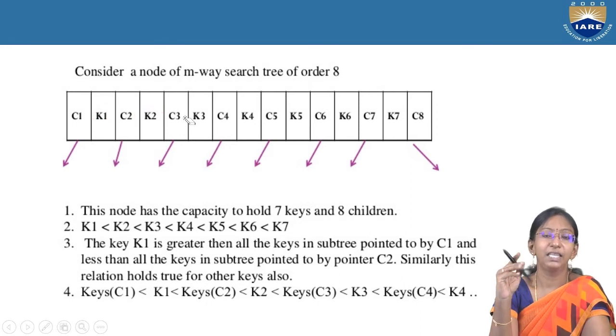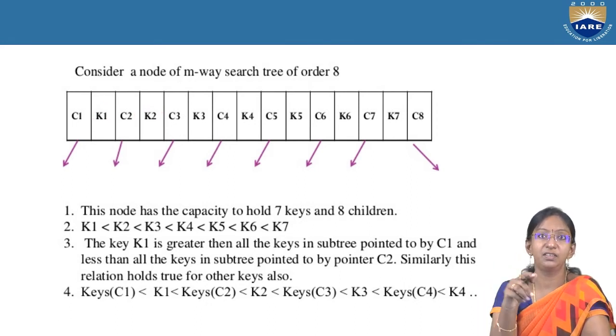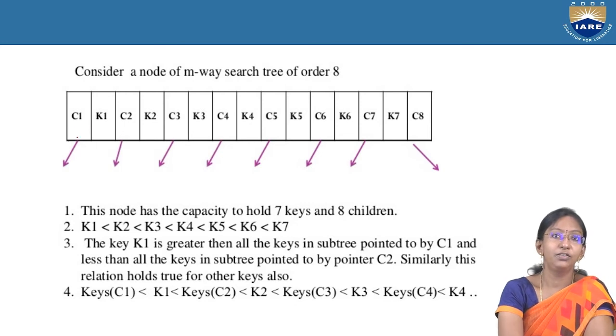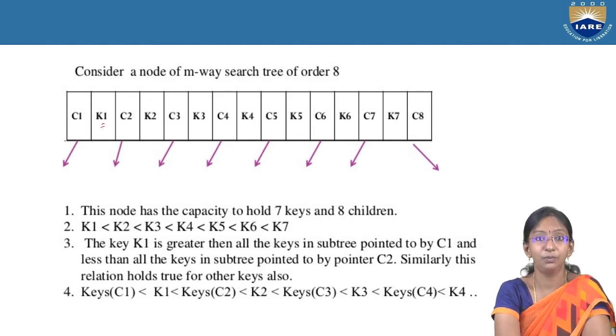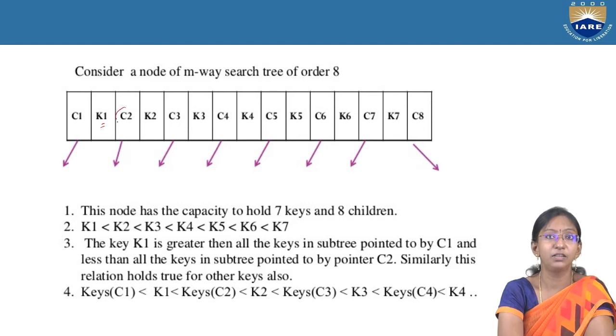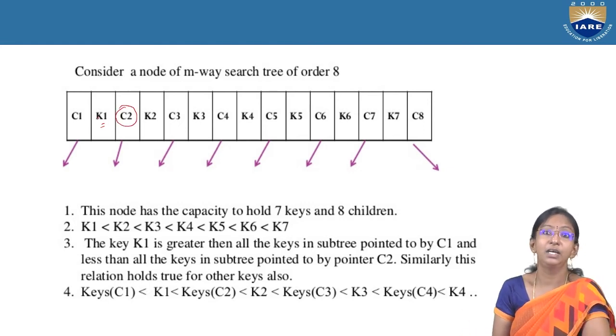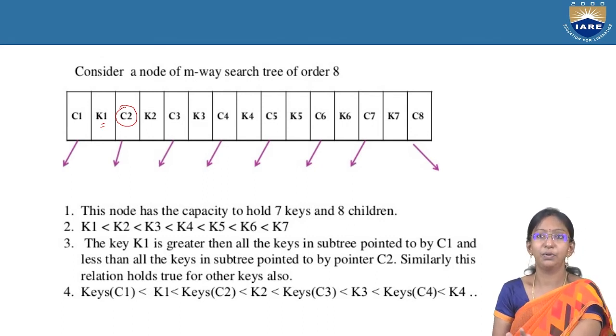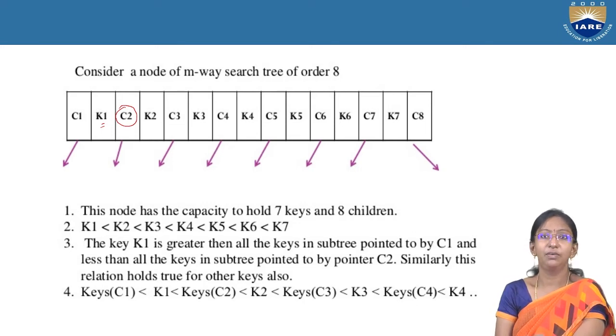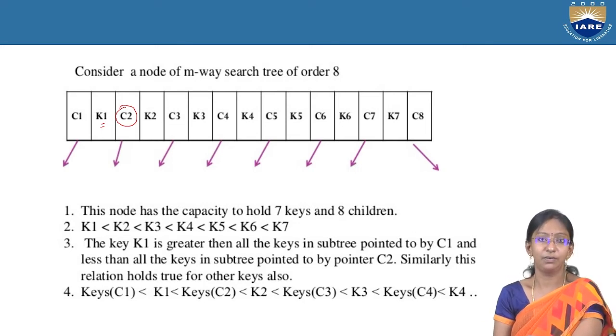Then coming to the nature of these keys. All the children which are left of K1, that is C1 children, are having a value less than K1, and the child C2, which is on the right side of K1, will have a value greater than K1, right? That is very simple. For every key, left hand side children will have less value, whereas right hand side children will have greater value.